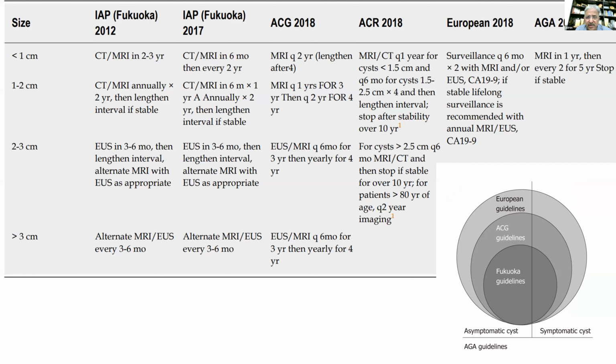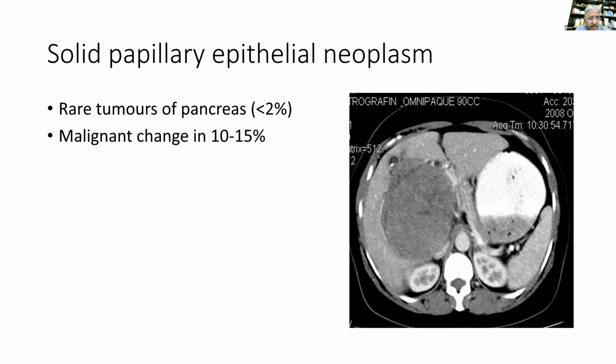SPEN is not strictly a cystic neoplasm, but it has cystic spaces, and it is classified as such. We do see a huge number of these patients, and we unfortunately have begun to see a number of patients with malignancy who are difficult to resect and difficult to keep free of disease, and that figure is going up to 10 to 15%. Surgery, of course, is the mainstay of treatment.